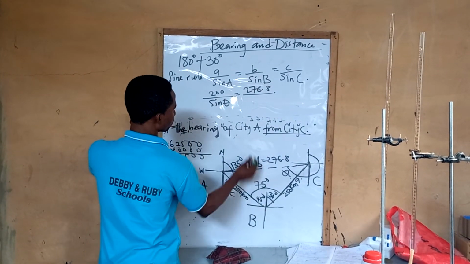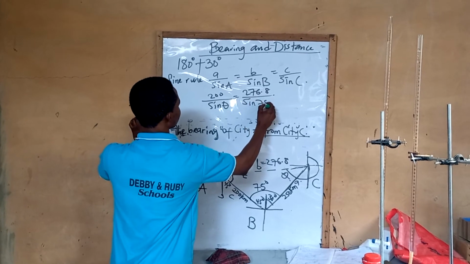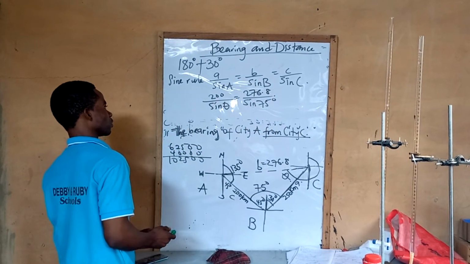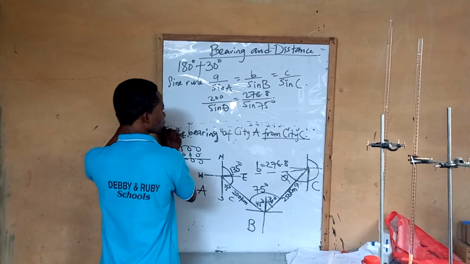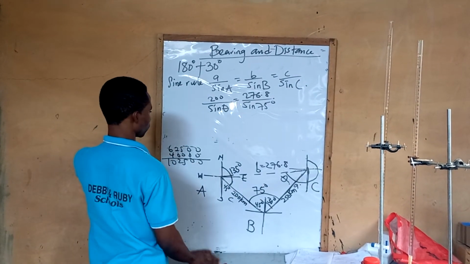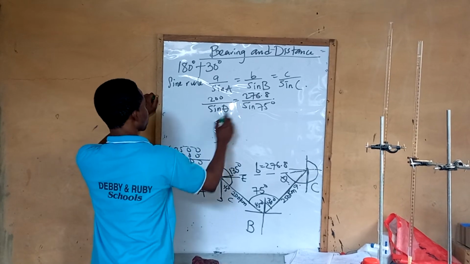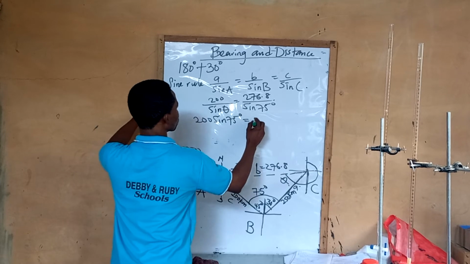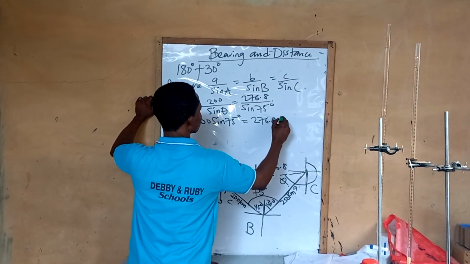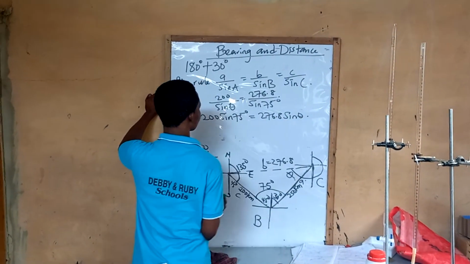It faces this angle, sine 75. So I'll just cross multiply, and it's 200 sine 75 degrees equals 276.8 sine theta.